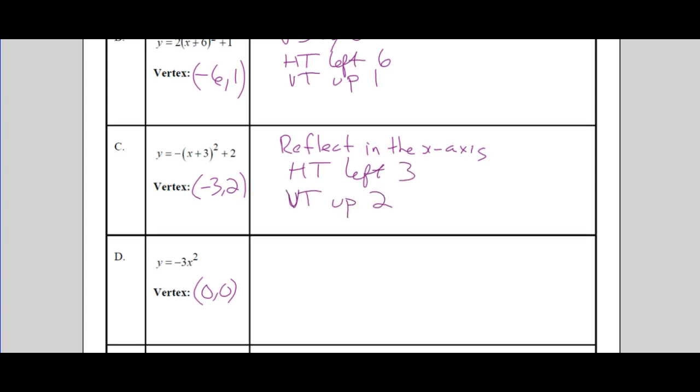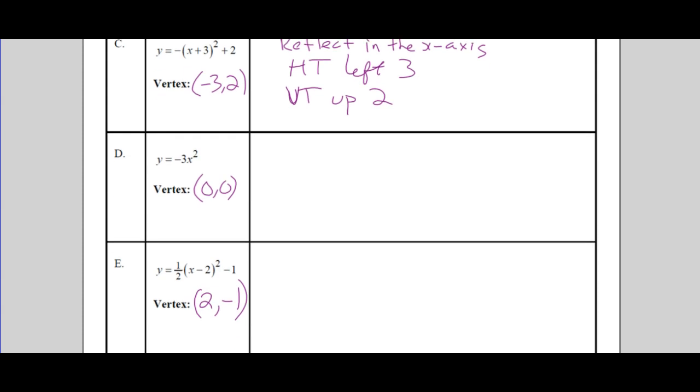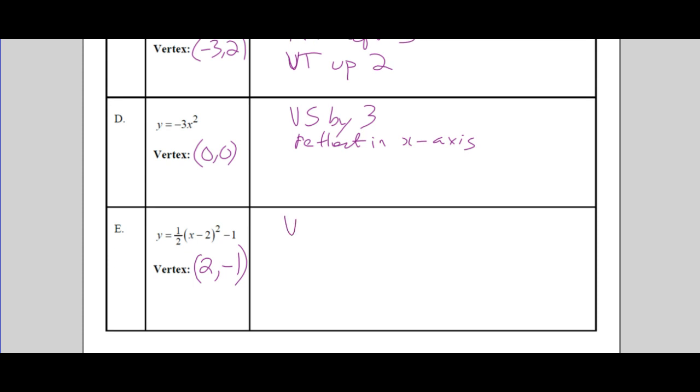HT left 3, VT 2. I tend to prefer direction and then how much, but you can say it's 3 left, it doesn't matter. We could say narrower, I guess.